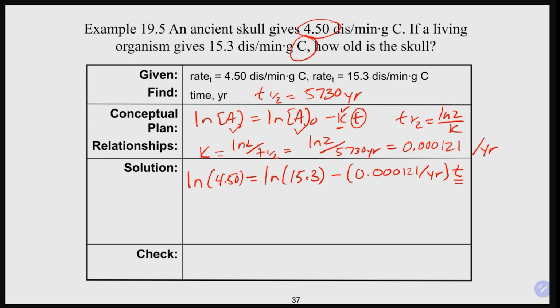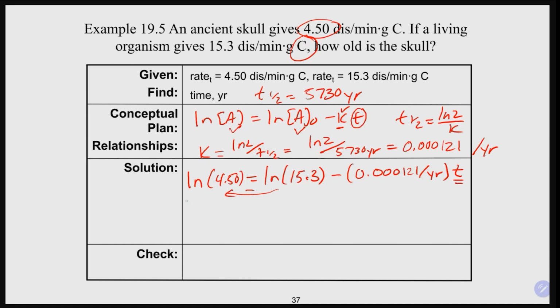Here we're trying to figure out how old this is. Personally, when I do this, I simply take the natural log of 4.5, hit equals, and then subtract the natural log of 15.3.